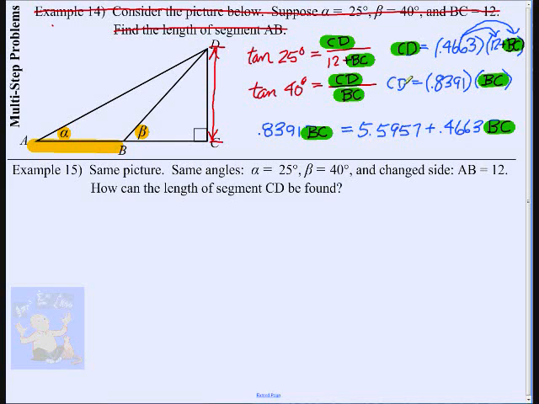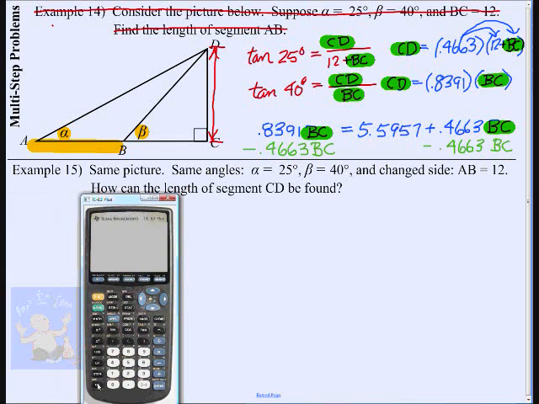We said CD and CD equal to the same thing, so I made an equation. What did I really do? I'm substituting, right? So let's subtract 0.4663 BC from both sides. And then our equation will look like what? Okay, let's do the subtraction right here.